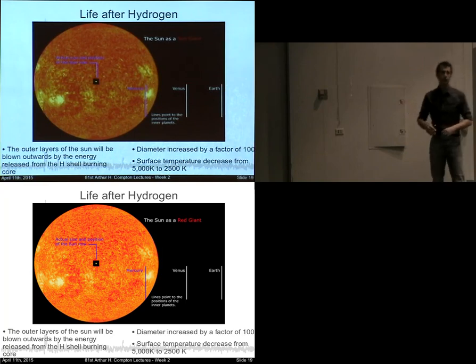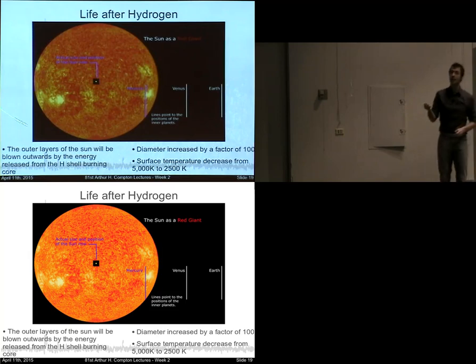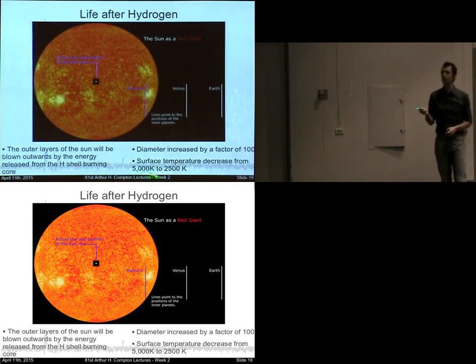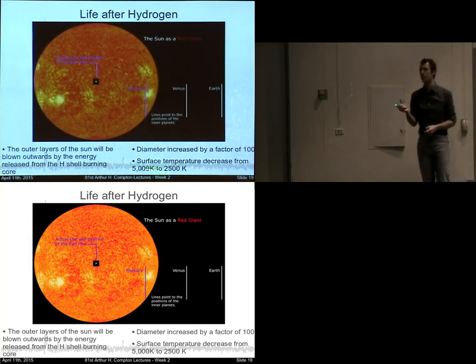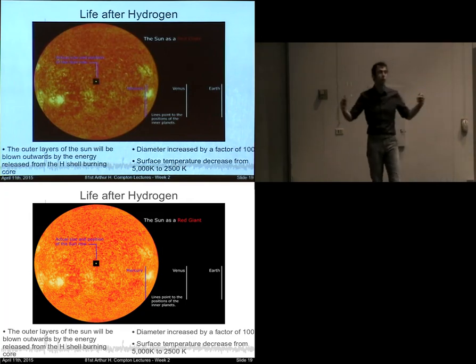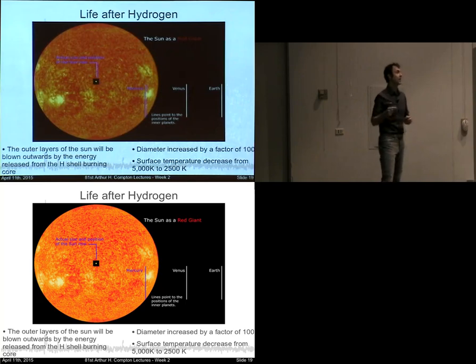And because you are distributing the energy of the sun out over a larger surface area, the surface is actually colder in this case. And so the temperature will drop from about 5,000 Kelvin to about half that. And what happens when you drop temperature is you make things redder.